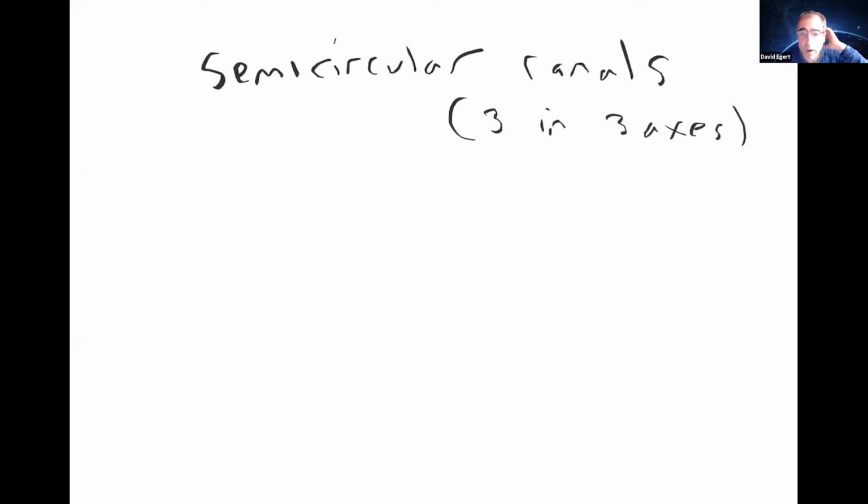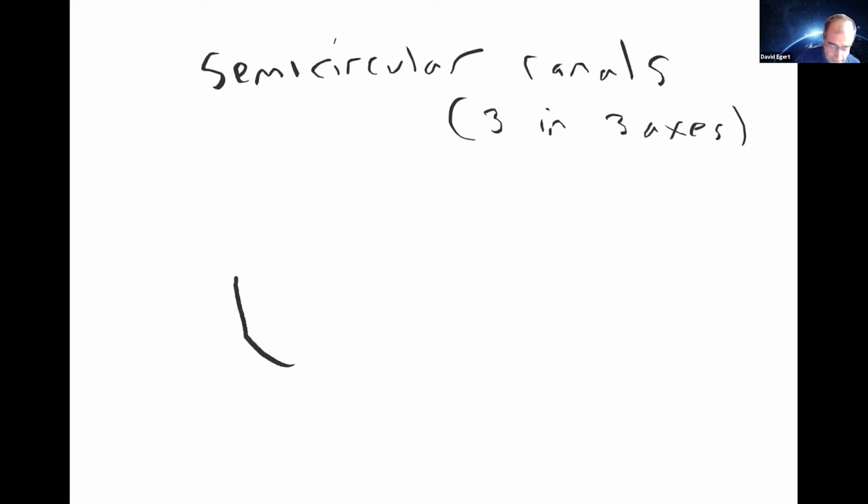So I'm going to draw one, but there's three of them for the three different axes that your head can rotate, right? If you were an airplane, you could do the yaw, the pitch, and the roll, right? So there's three different dimensions, three different axes that you can rotate in. You have one of these for each of the axes. Again, they're embedded within your skull bones.